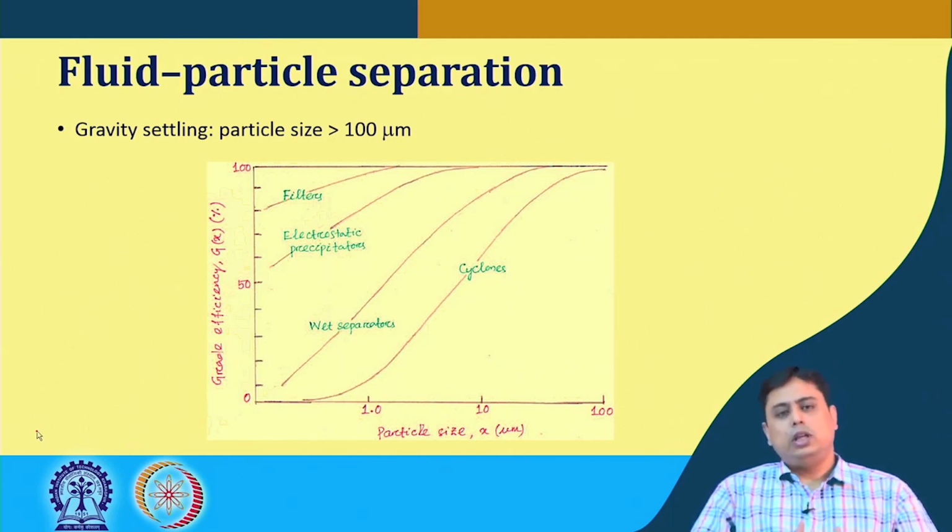If the fluid is the gas phase, we call it a gas cyclone. If the fluid is the liquid phase, we call it a hydrocyclone. The purpose of these cyclone separators is to separate particles from the gas or the liquid phase.